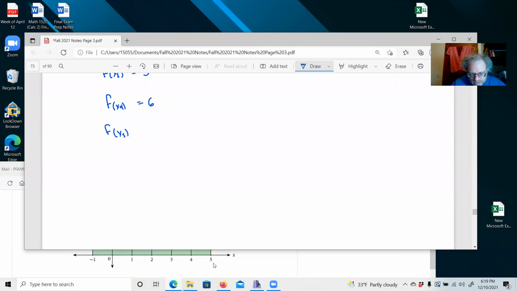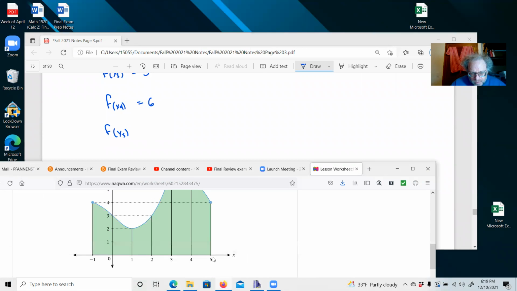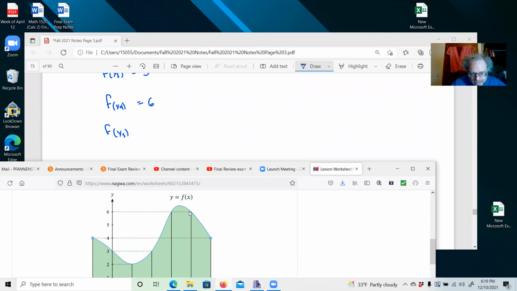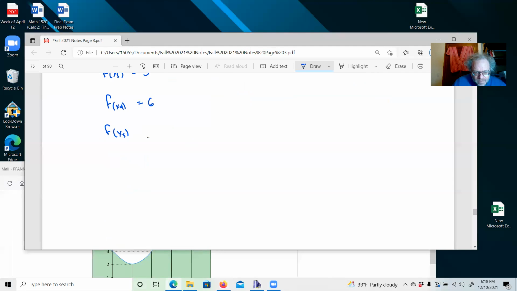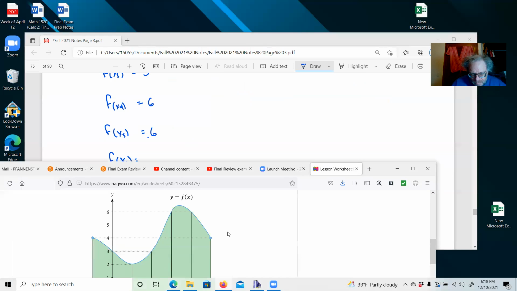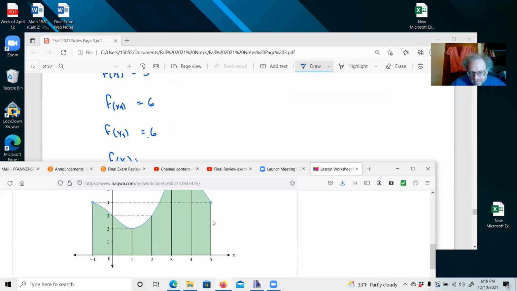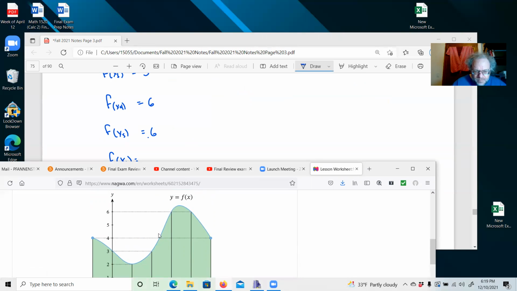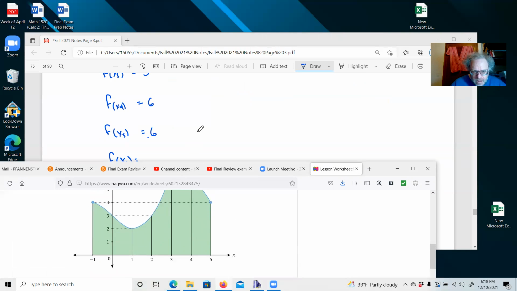Next one after that is, again, f4, that's going to be all the way up here at 6. And f of x6 was going to be f of 5, which went up to 4 again.